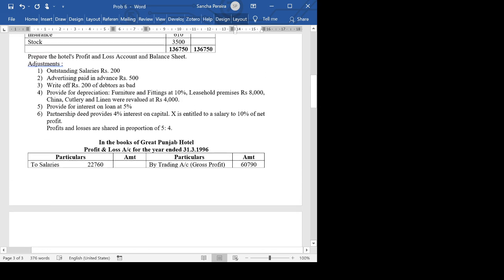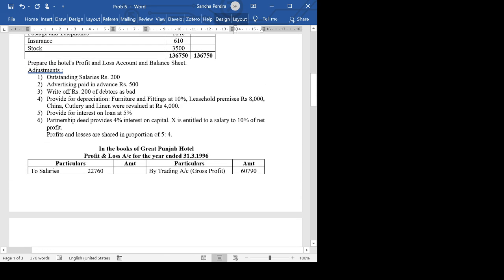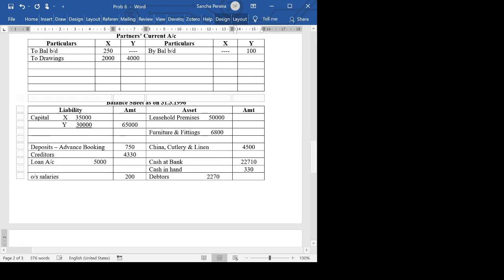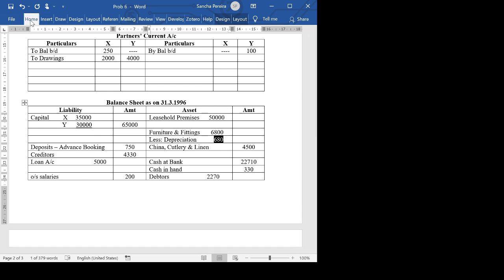Then coming to the depreciation, furniture and fittings at 10%. So less depreciation comes to 680. 10% of 6,800 will be 680. So minusing this, we will get 6120.